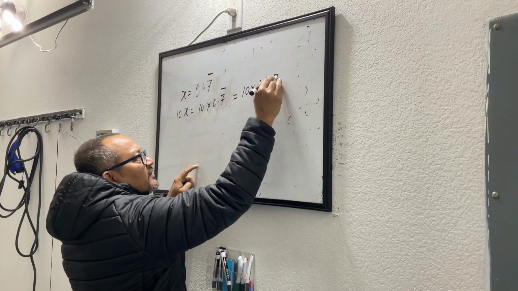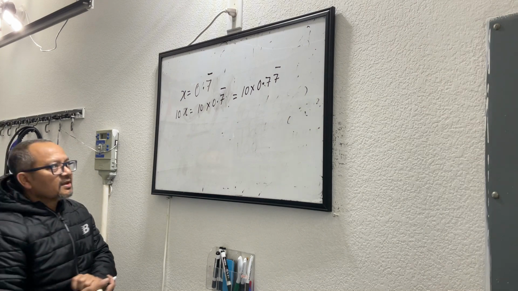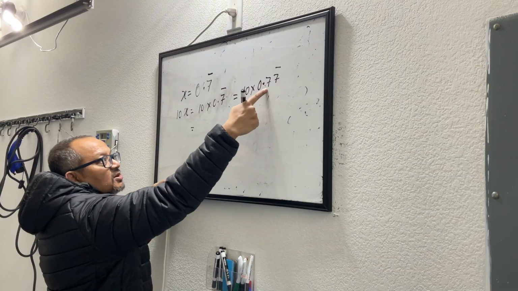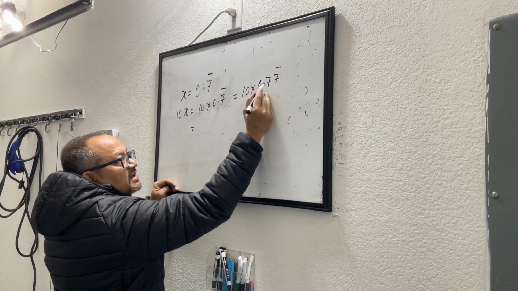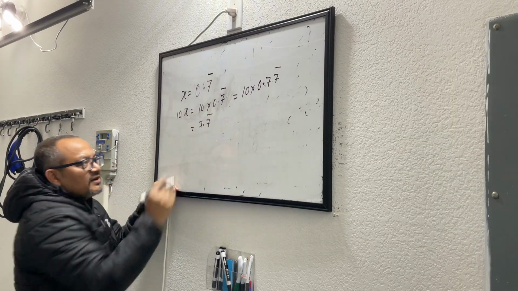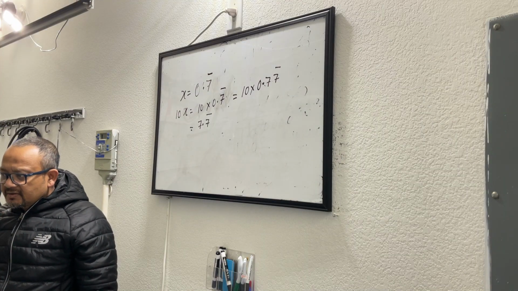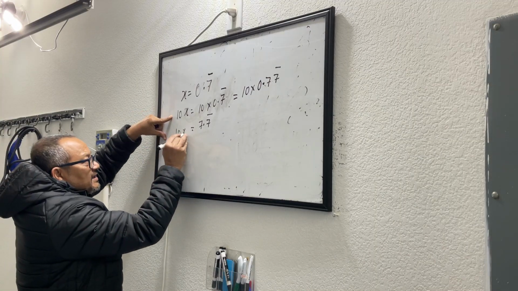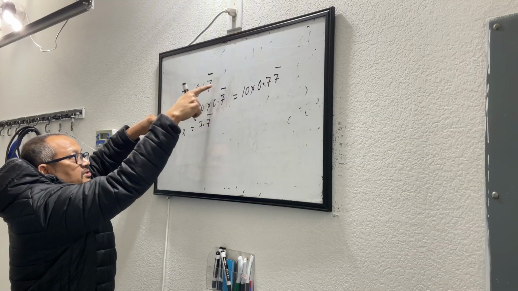I just use one more 7 so that when I multiply it by 10, I have a number to multiply. When I multiply this by 10, my decimal shifts by a place. So it became 7.7 recurring. Is it sounding okay so far? Now I got 10x equal to 7.7 recurring. My x was equal to 0.7 recurring.